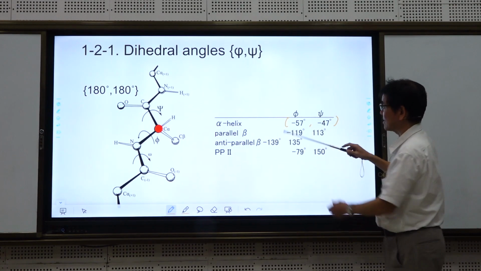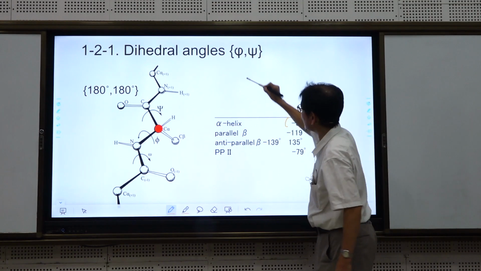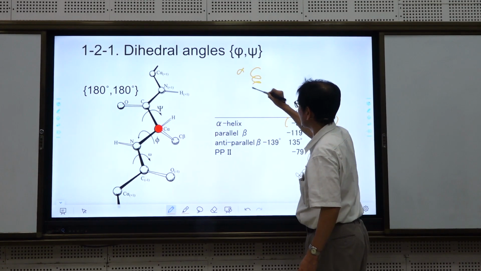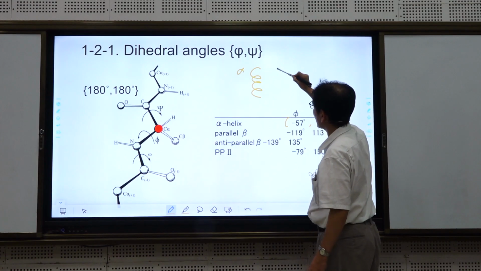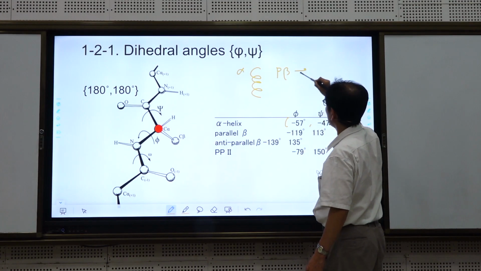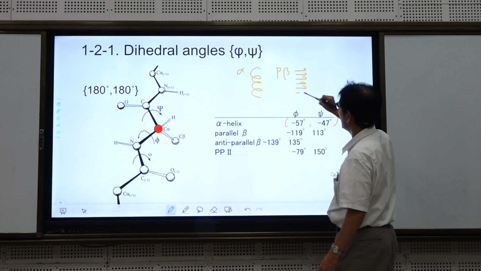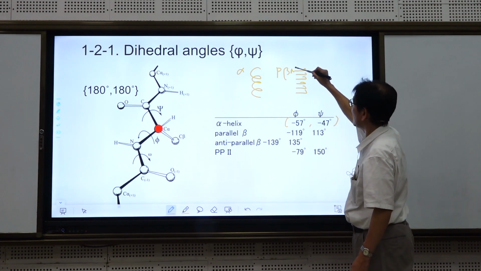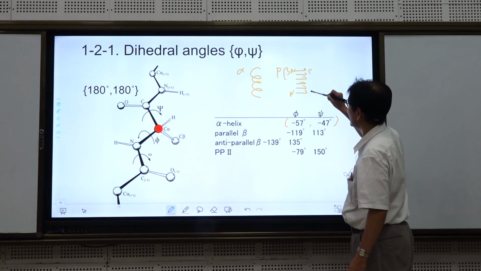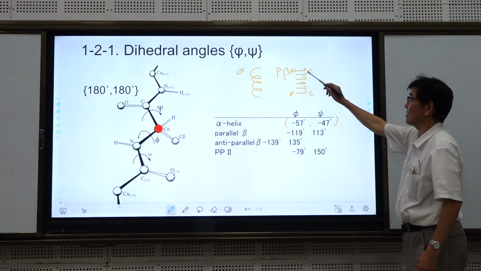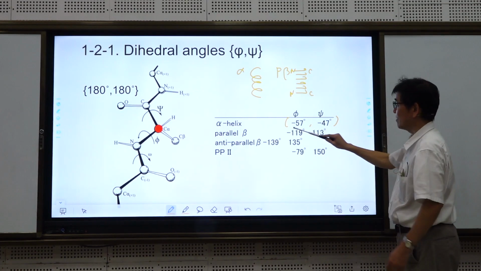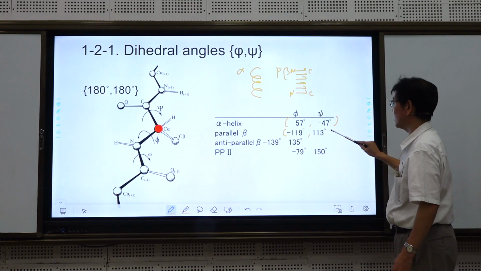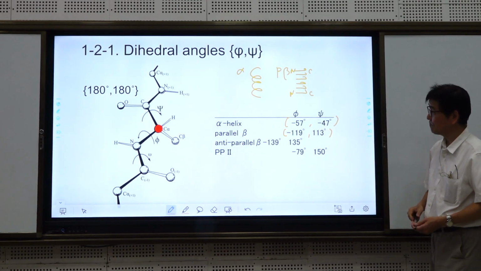And in the case of parallel beta, NC, NC, all the same direction, the dihedral angle should be in this region.